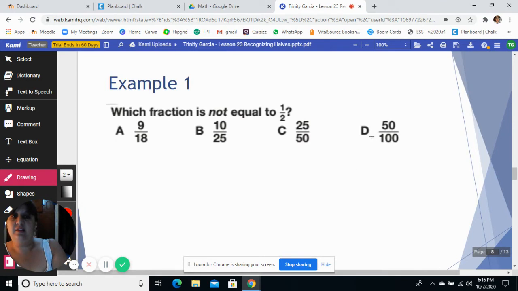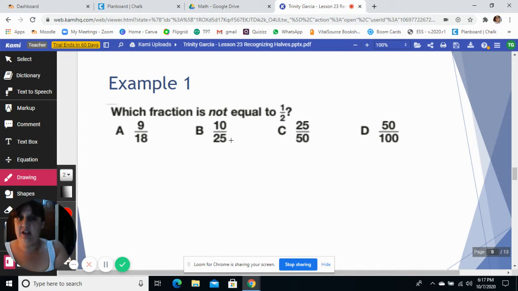All right, so let's look at this example. Example 1, which fraction is not equal to 1/2? Can you take a look and see? Good. It would be B, because in B, the 10 is not half of 25, the denominator.